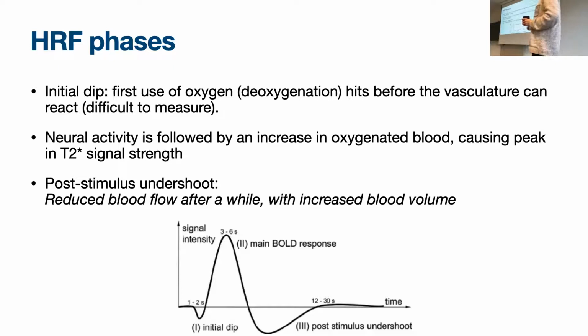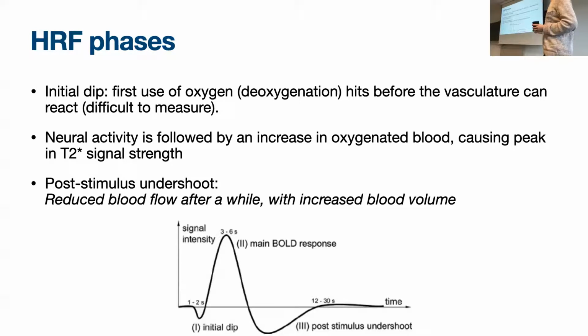But it is the first thing that happens after you show a stimulus, right? So the neurons start firing, and this happens. But then, of course, the vasculature gets going. The blood vessels open up, and they cause this enormous increase in oxygenated blood to arrive at the tissue locally. Yeah?